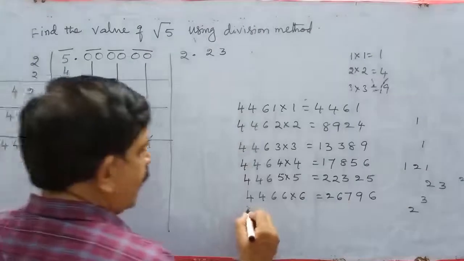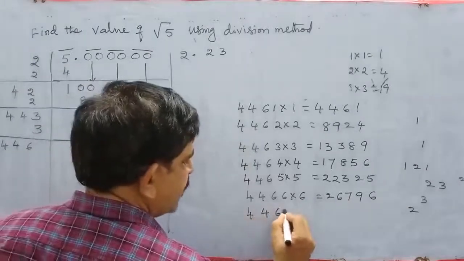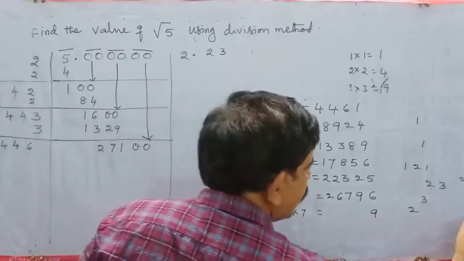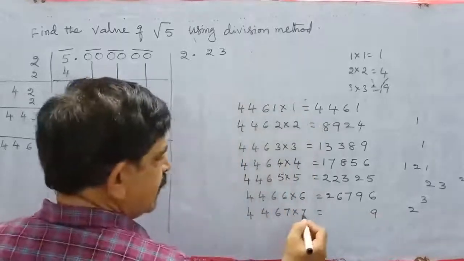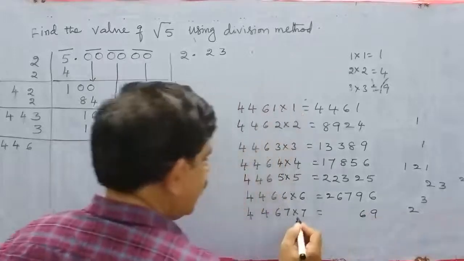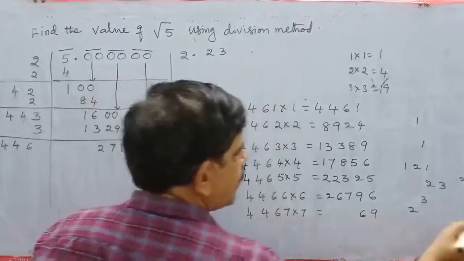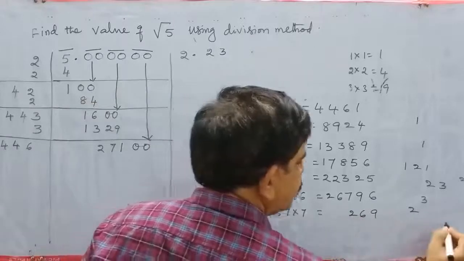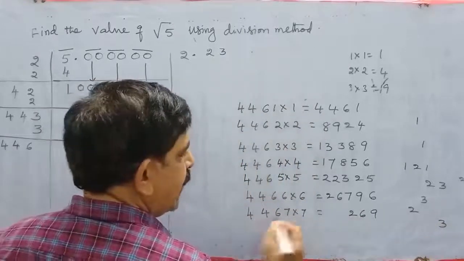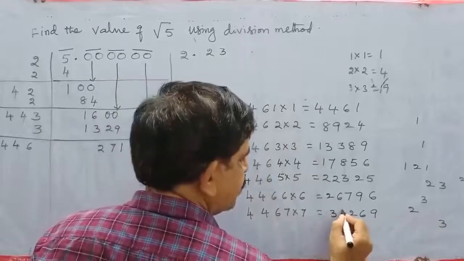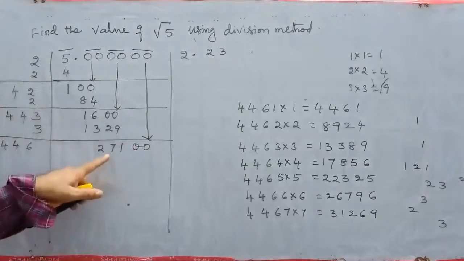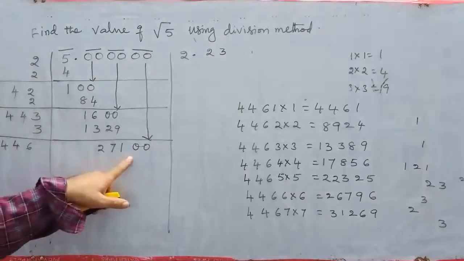Next one, 4467 into 7: 7 7s are 49, 4 remainder, 7 6s are 42 plus 4, 46, 4 remainder, 7 4s are 28 plus 4, 32, 3 remainder, 7 4s are 28 plus 3, 31, 31,269. So here 27,100. So that is how many times? 6 times.